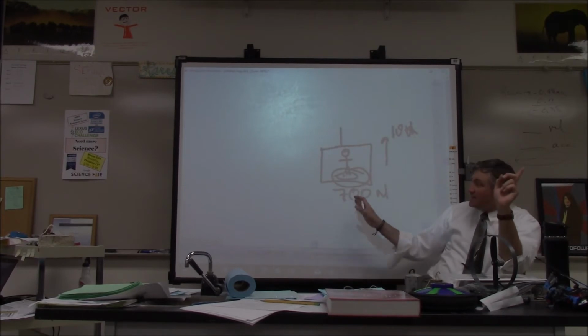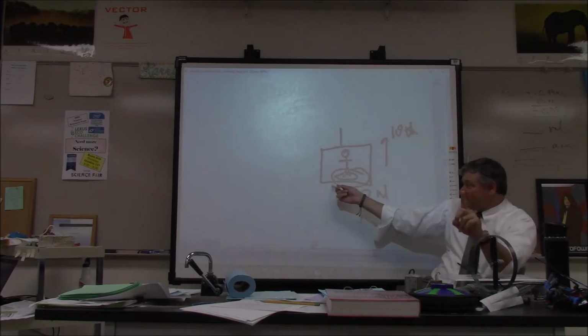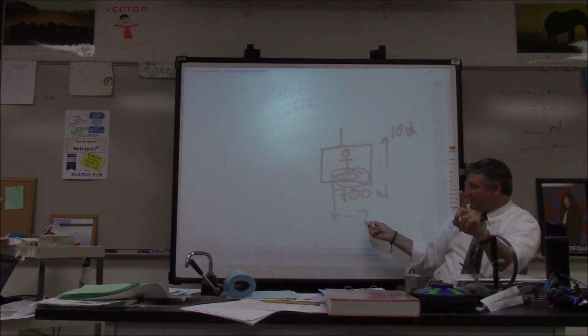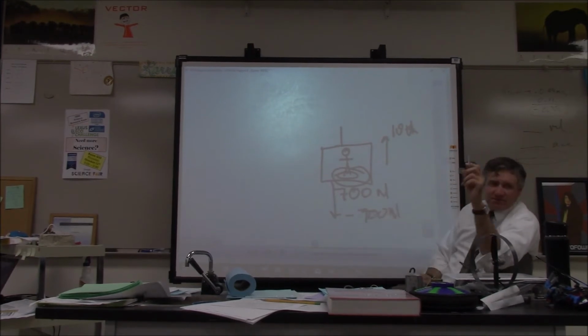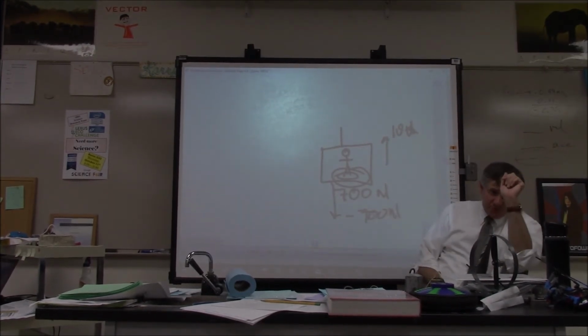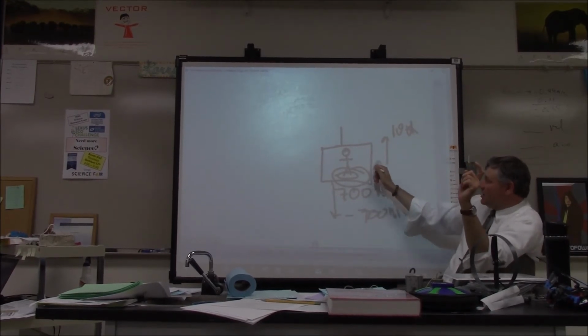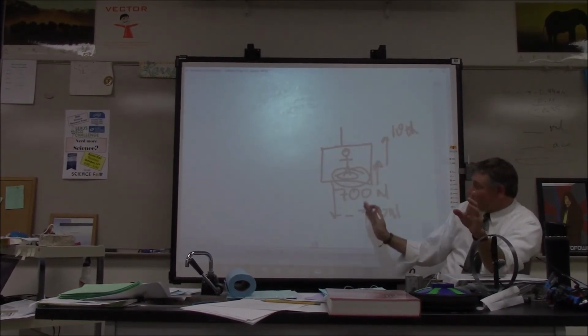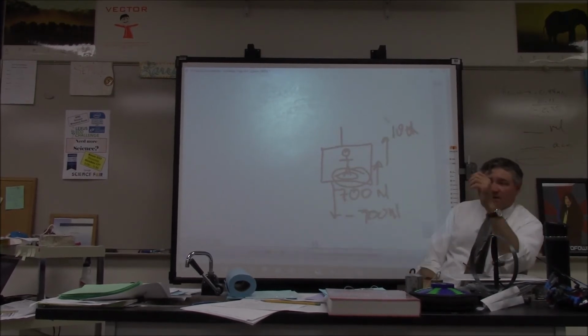Now, in this situation, what's your opposing force? Gravity, right? So gravity is pulling down with a force of, if you want to make that negative, 700 newtons. Now, here's the deal. When you push the up button, what's going to happen to the reading on the scale?